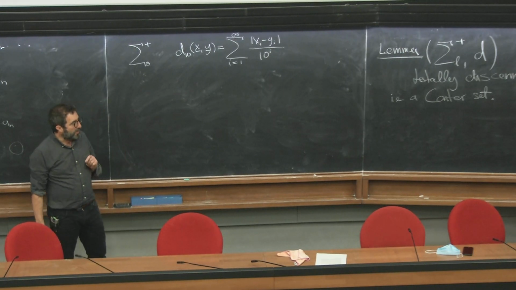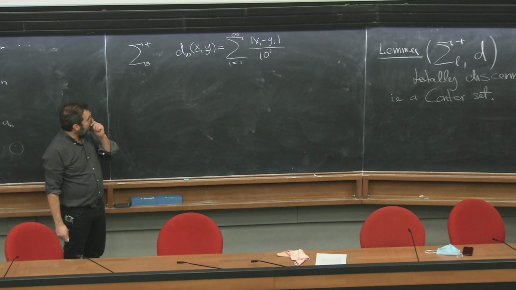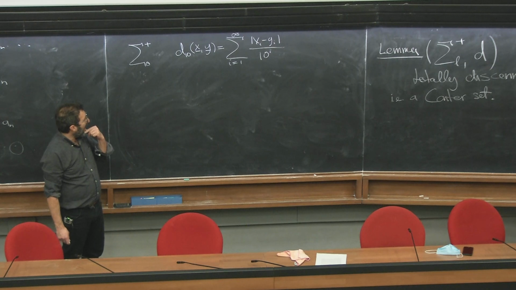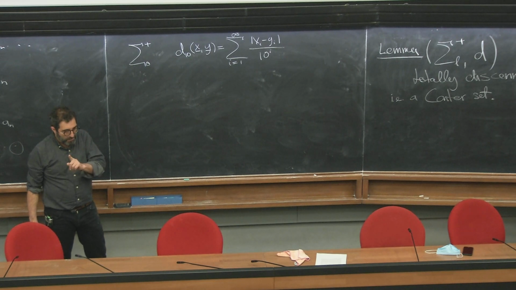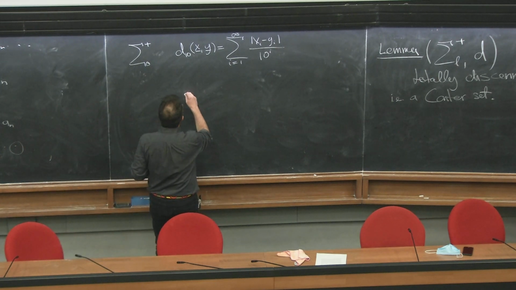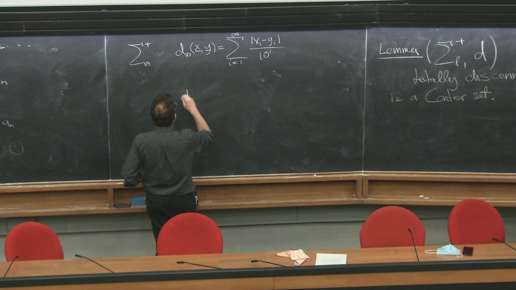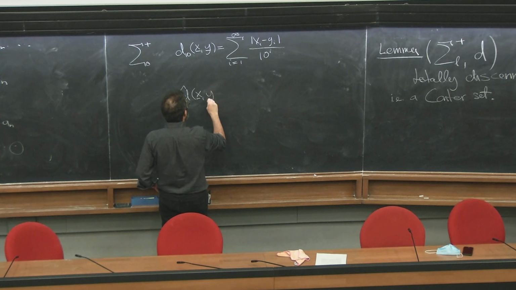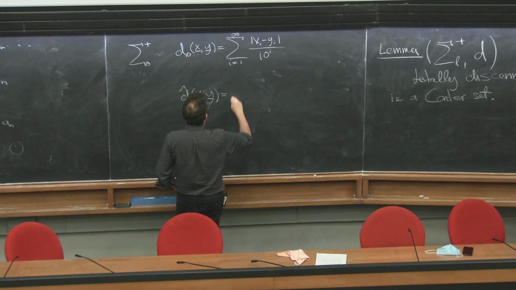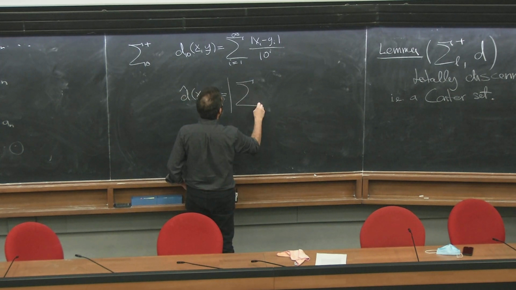So what does the Euclidean metric on the interval look like? If it was the absolute value, it would be on everything in the sum. Exactly. Very good. So the Euclidean metric, let me write it like this. We could define it like this.